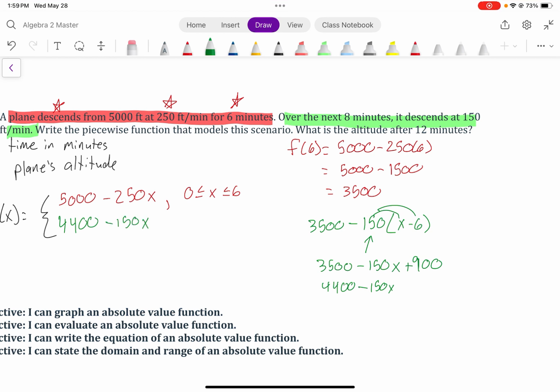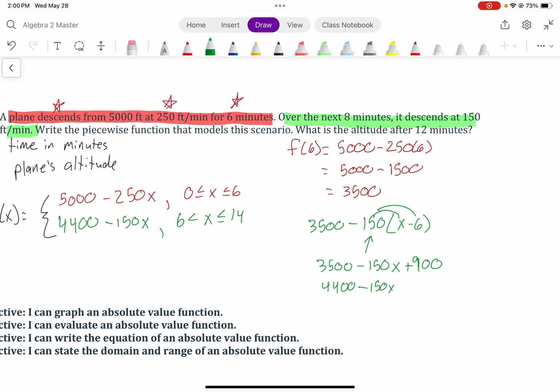Same thing as before, I could have negative 150x plus 4,400. But now my domain is going to be 6 minutes, not including that, is less than x, is less than or equal to 14, because 8 minutes later will be at minute 14 overall.